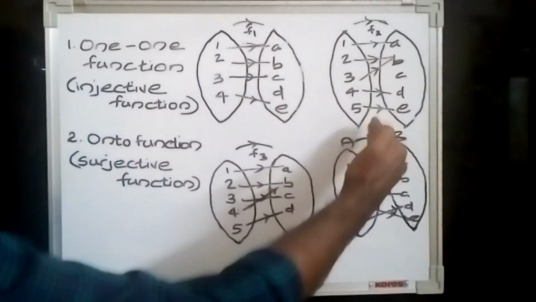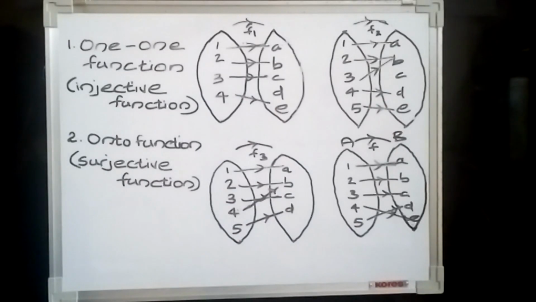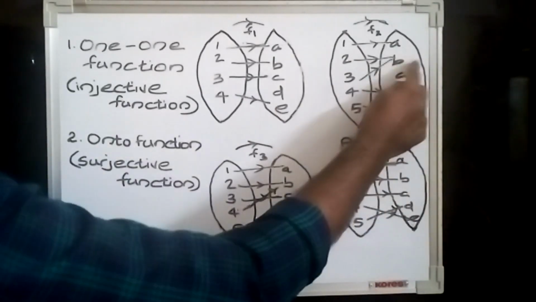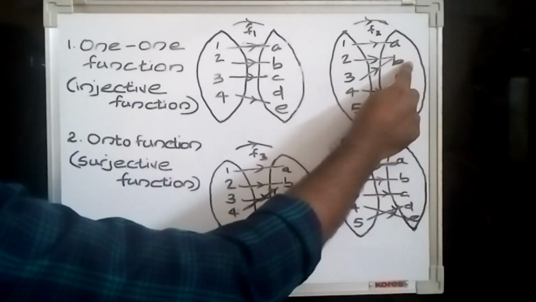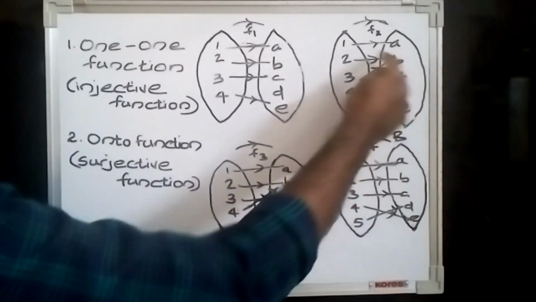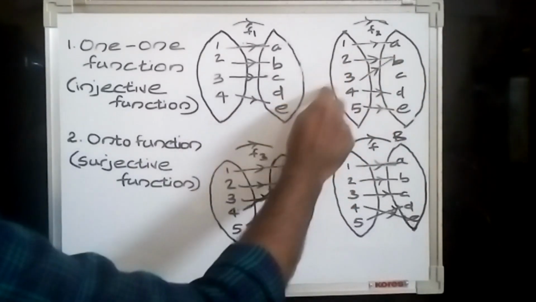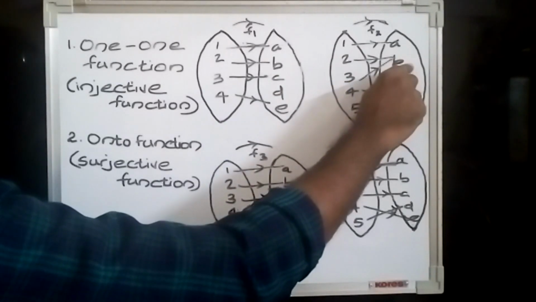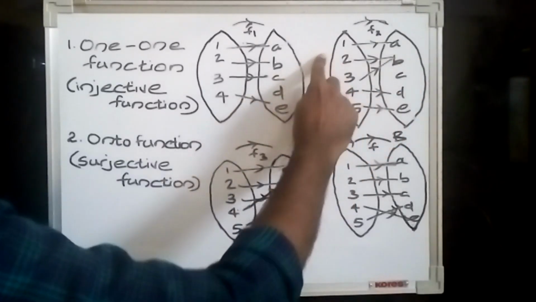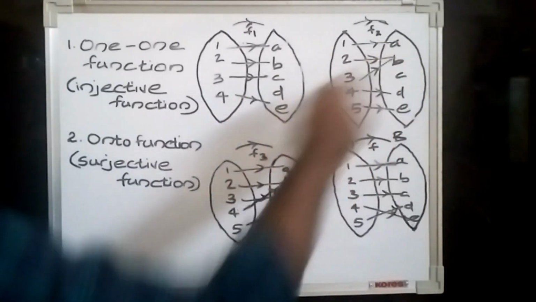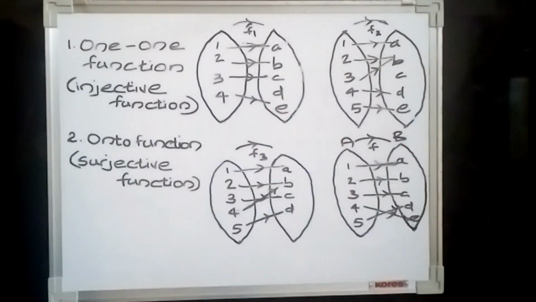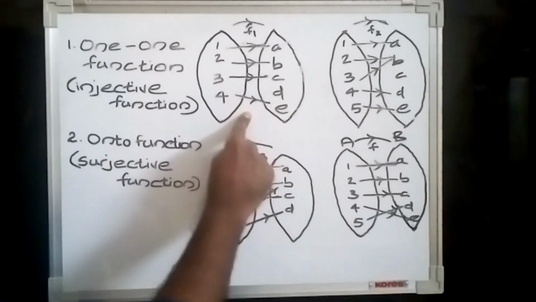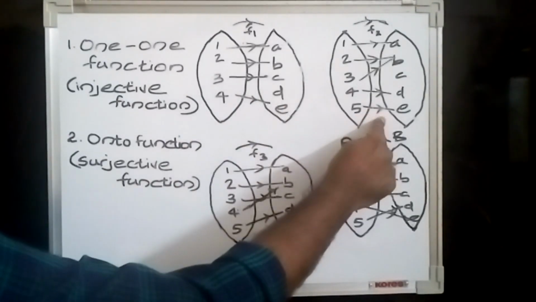But f2 is not a 1-1 function because the element b in the second set has two pre-images, 2 and 3, in the first set. Therefore, f2 is not 1-1. f1 is 1-1 while f2 is not 1-1.